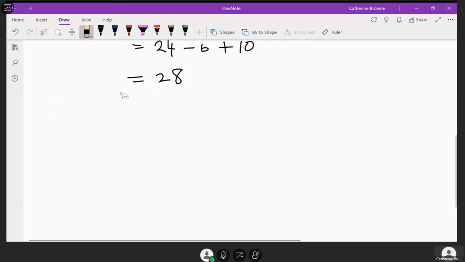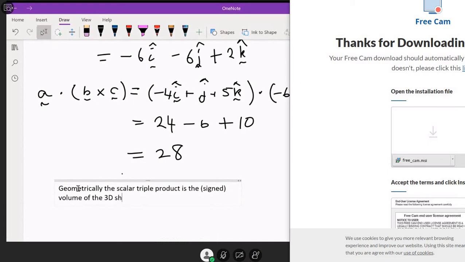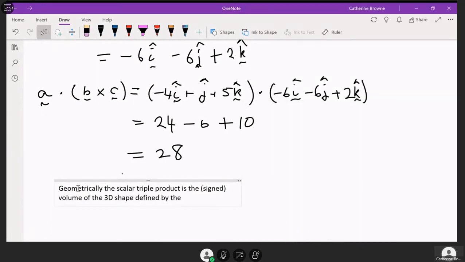Typing this might be easier. I'm not sure I'm going to pronounce this right, but I think it's a parallelepiped.